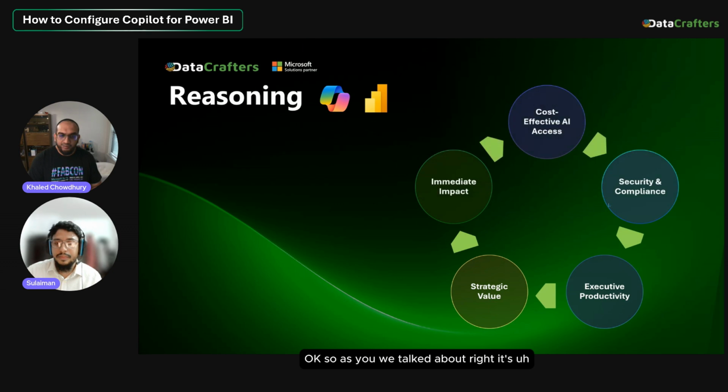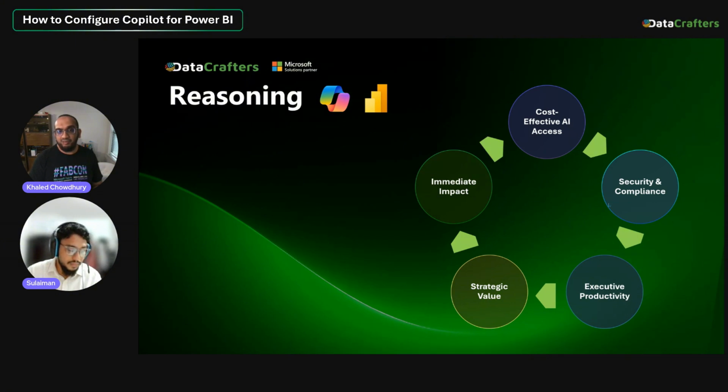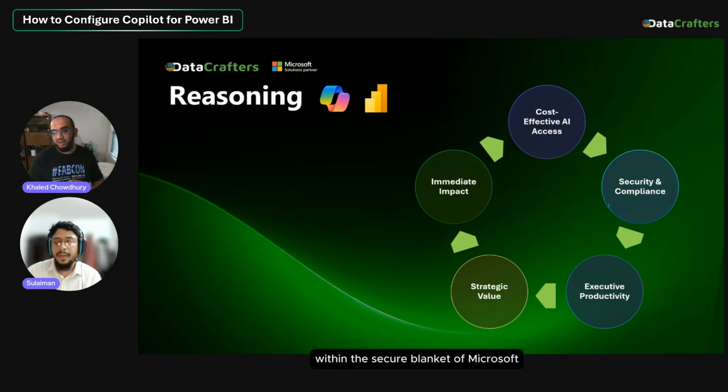As we talked about, it's cost effective in the sense that you don't have to do something else on top of it. But I think the biggest two values that I see with Copilot in Power BI are security and compliance, because your data is within Microsoft security and compliance. The OpenAI portion that we are leveraging is within the secure blanket of Microsoft, meaning the data doesn't get sent to OpenAI to store.